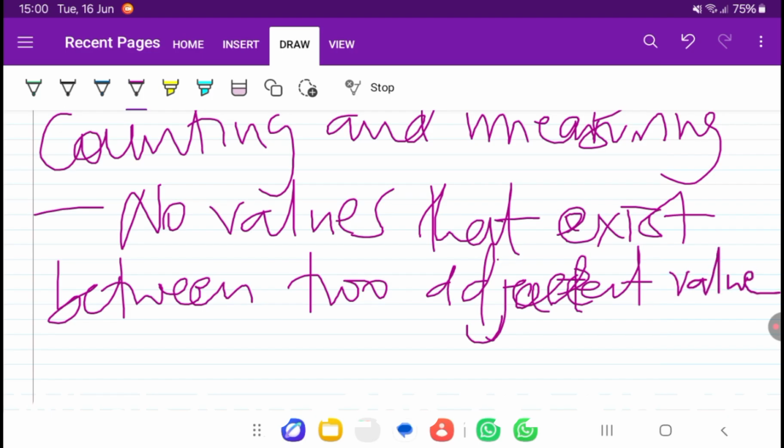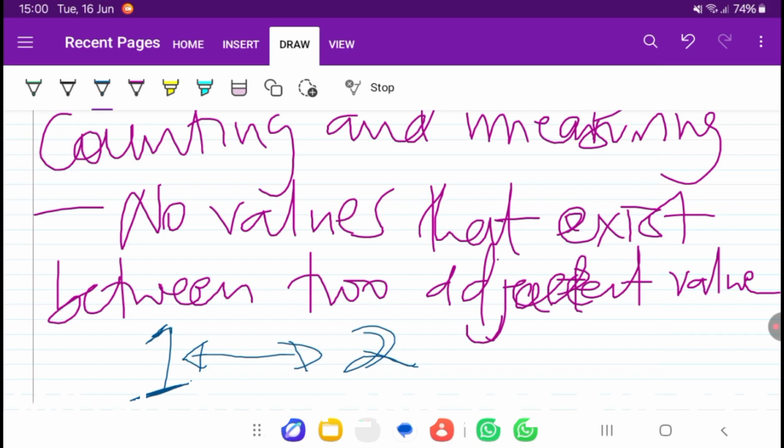For example, if I have 1 and 2, if my count is 1, then 2, we don't have numbers in between, because when counting I start from 1, then 2, 3. The numbers that fall within two adjacent numbers are not considered discrete values. They are considered continuous values.